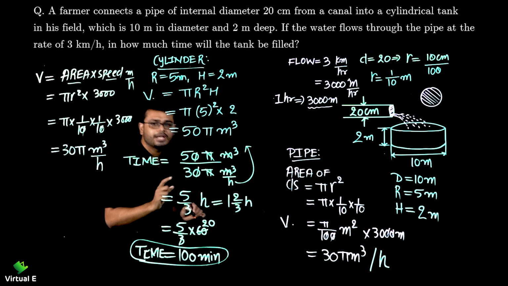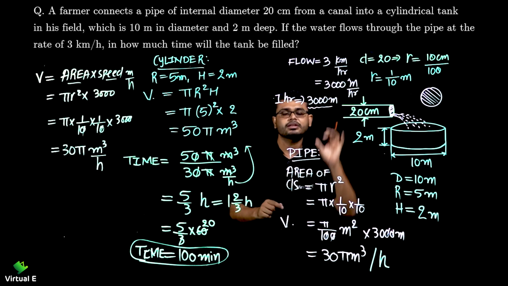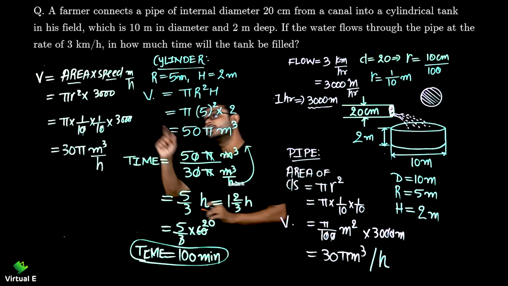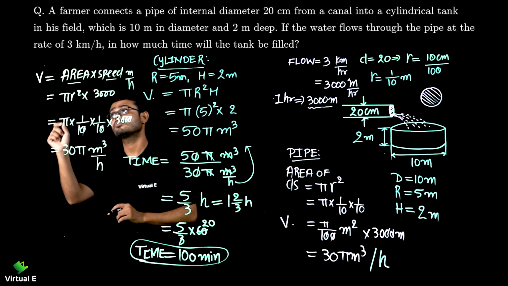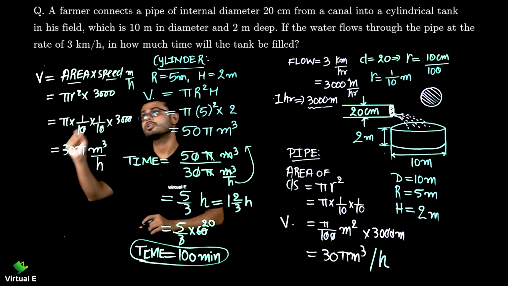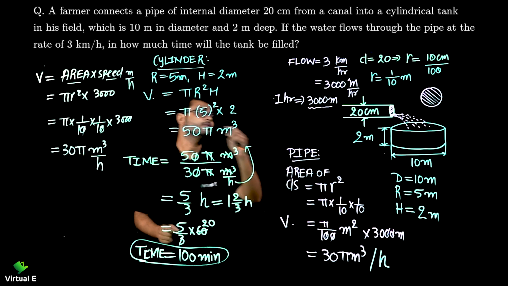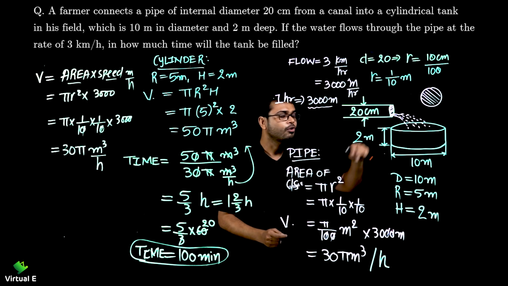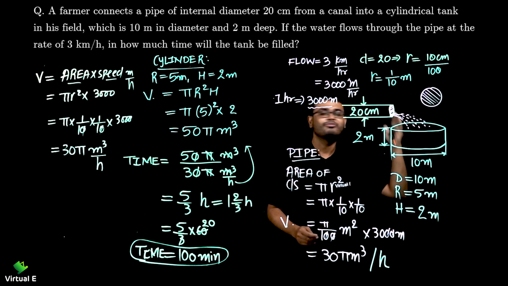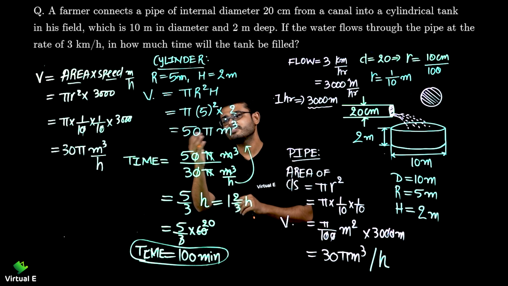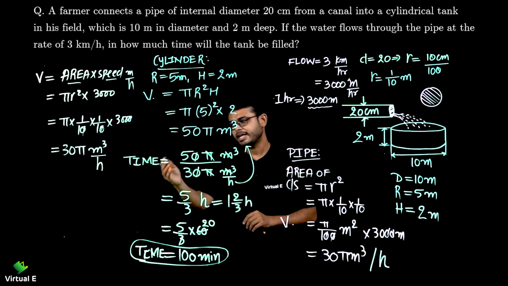In the same way you will get it. If you are still confused, 1 hour 3000 meter, how have I written? Remember it: if you want to find the volume, area multiplied by speed, simple, you get this answer. Then you get how much water we need to fill, that is the volume of the cylinder, 50 pi. Now you divide it and you will get the time.